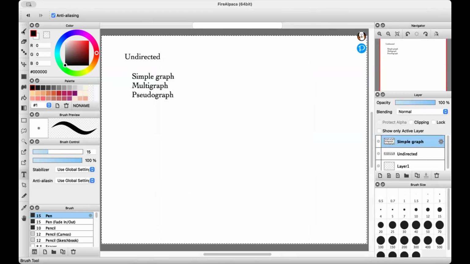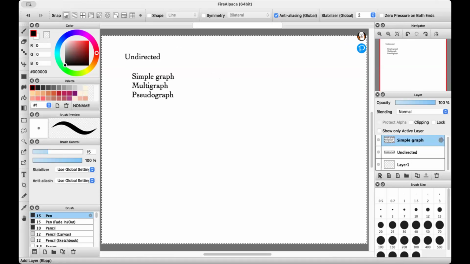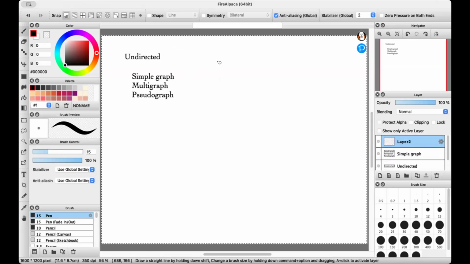A simple graph looks like this. You have your vertices, and you have only one line connecting each node.